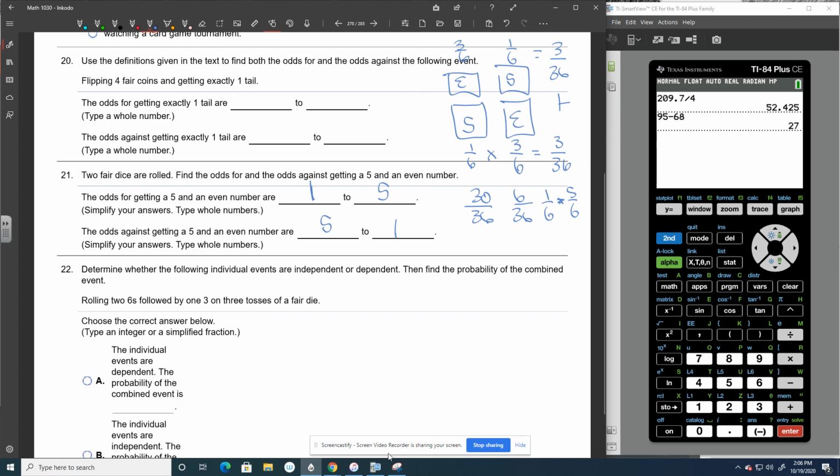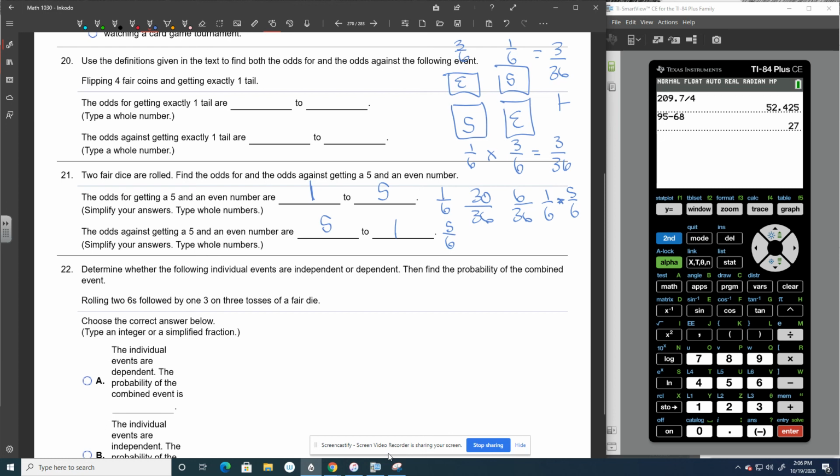That is not the same as the probability. The probability of it happening is 1 out of 6 or 6 out of 36. The probability of it not happening is 5 out of 6. But it's not asking for the probability, it's asking for the odds. So remember, the odds are the number of ways it could happen to the number of ways that it won't happen.